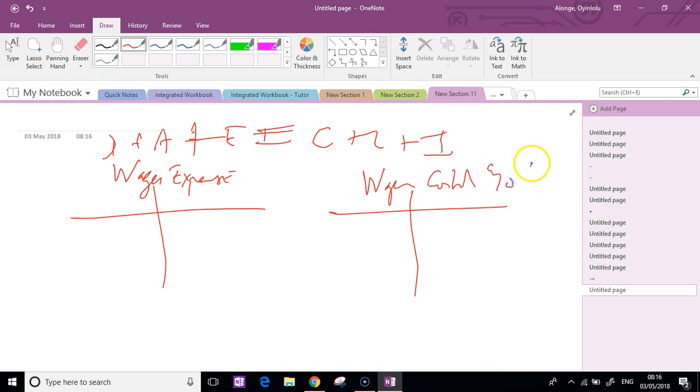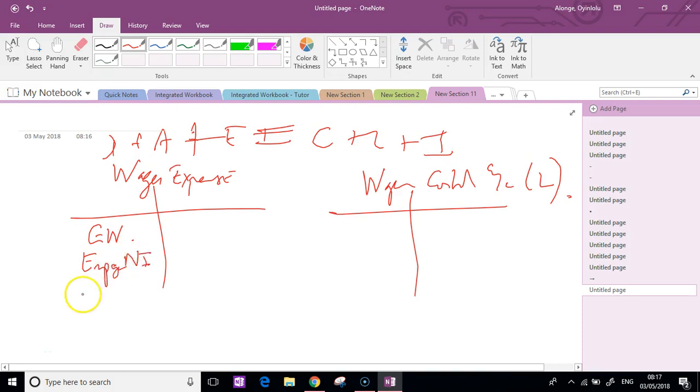It's a liability account, so it's the other way round. What do we have? Those three things I talked about: your gross wage, the employer's national insurance, and the employer pension contribution. Those three things are debited, and then we have the same three things here: gross wage, employer's NI, and employer's pension.